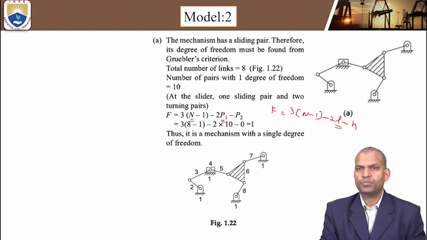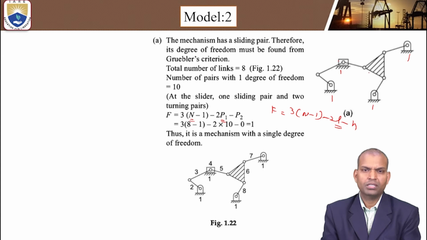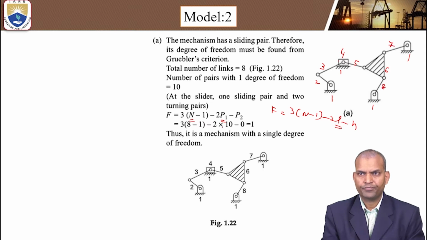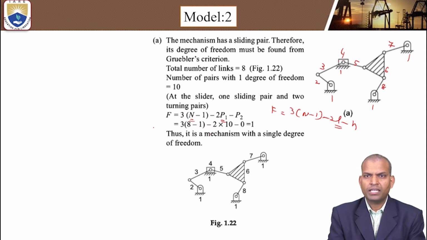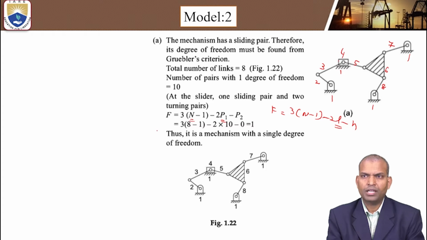Now here in this problem, how many links are there? All fixed links are considered as one link, link 1. Alright. And how many total links? Link 1, 2, 3, 4, 5, 6, 7, 8. Number of links n equal to 8. And how many joints are there?